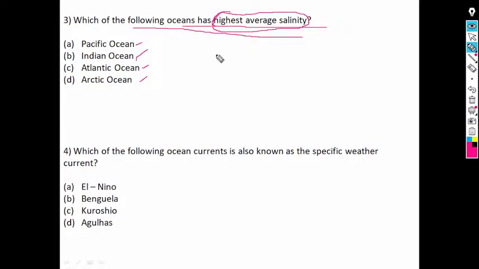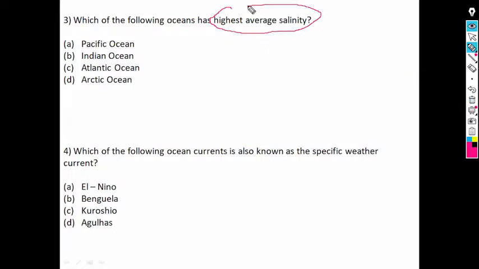Pacific Ocean, Indian Ocean, Atlantic Ocean, or Arctic Ocean. The answer is the Atlantic Ocean, C.